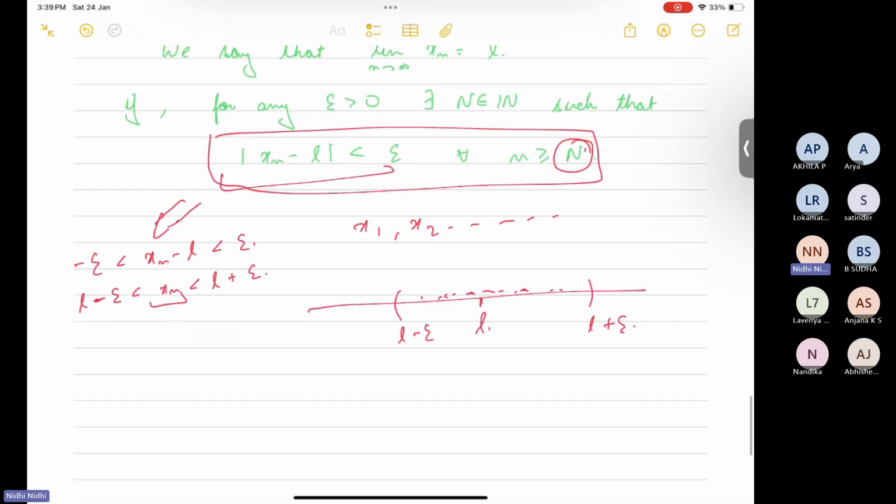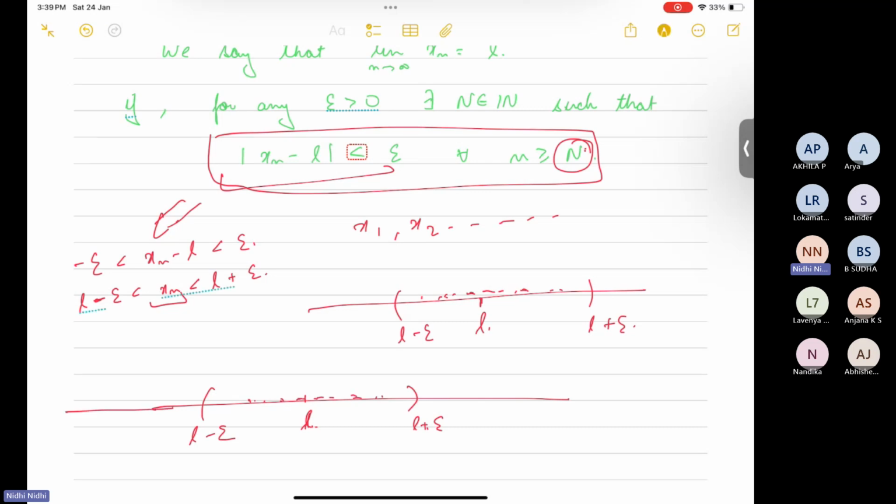So one can visualize this as bullet shots. Suppose this is a point and someone is shooting aiming at this point L, and after a stage all the bullets should land in between L minus epsilon and L plus epsilon.